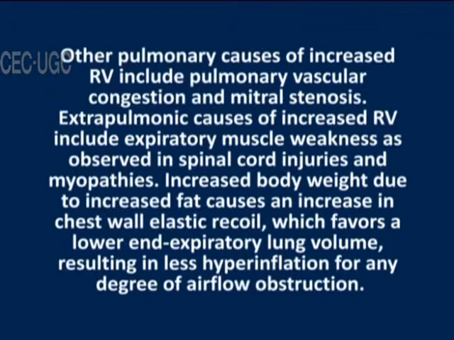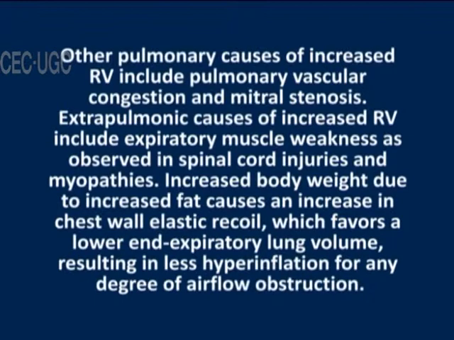Other pulmonary causes of increased RV include pulmonary vascular congestion and mitral stenosis. Extrapulmonic causes of increased RV include expiratory muscle weakness as observed in spinal cord injuries and myopathies.